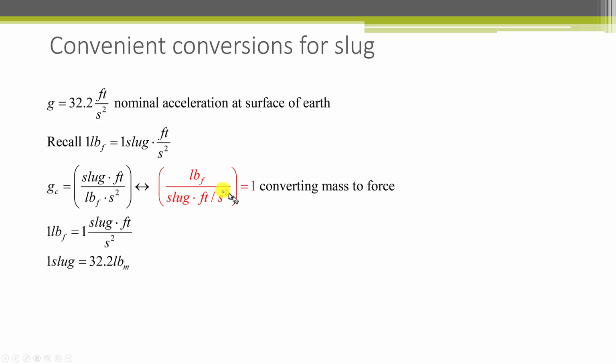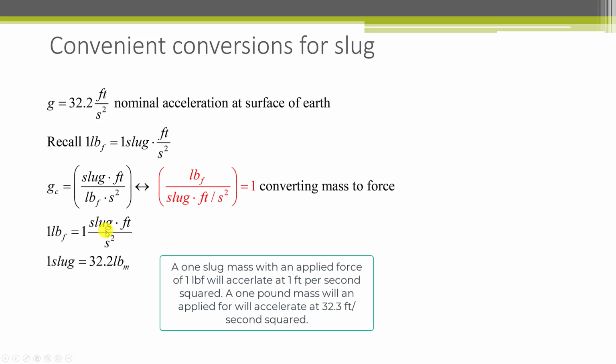And the conversion factor would be pound force per slug feet per second squared. So 1 pound force is 1 slug feet per second squared. It's the slug of mass whereby if you apply a 1 pound force, it will accelerate 32.2 feet per second squared. So this would be a coherent system of units.